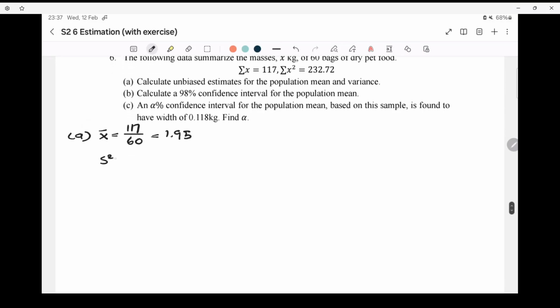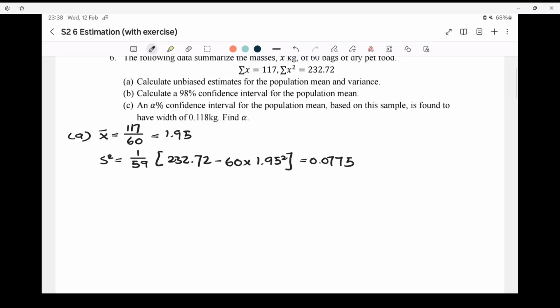For your unbiased estimate of population variance, that will be 1 over 59 multiplied with 232.72 minus 60 times 1.95 square. So this is 0.0775. I just use 4 decimal places.